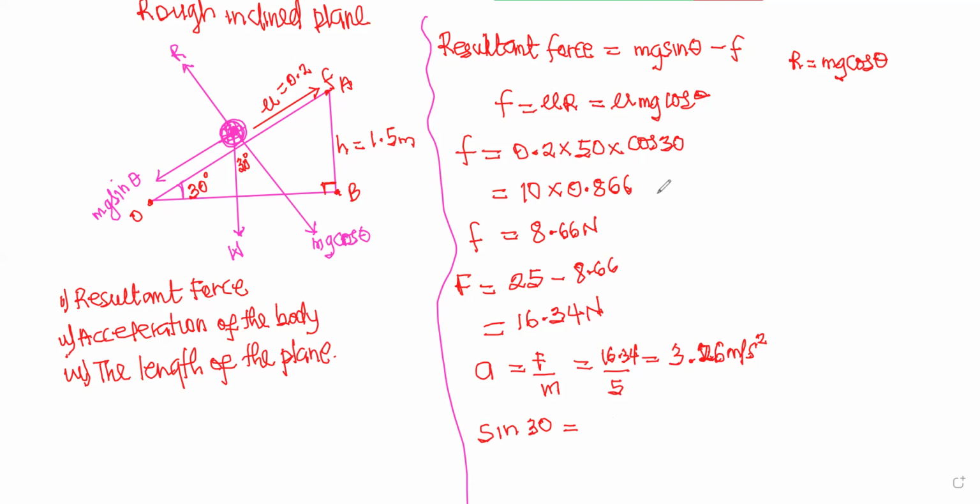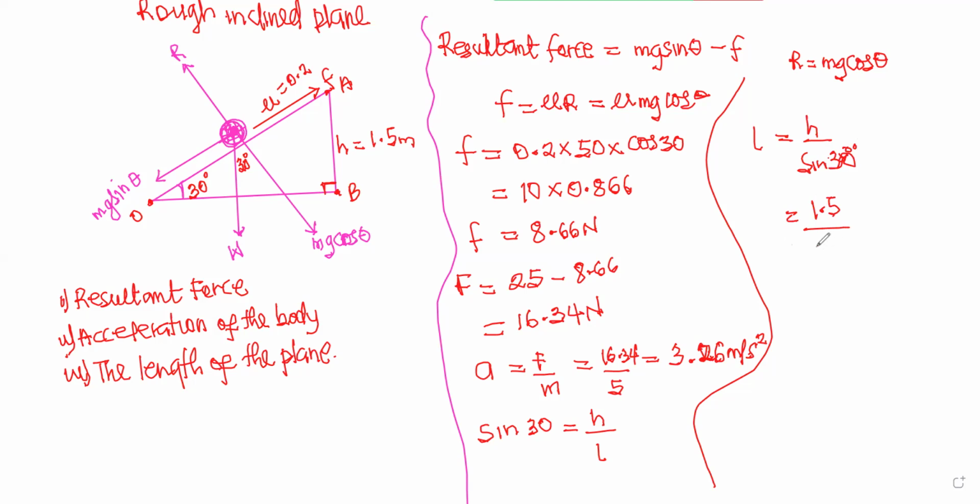So sine 30 is equal to the opposite, the height of the plane, divided by the hypotenuse, and that is the length. So when we make L the subject, we have H over sine 30, and H is 1.5.